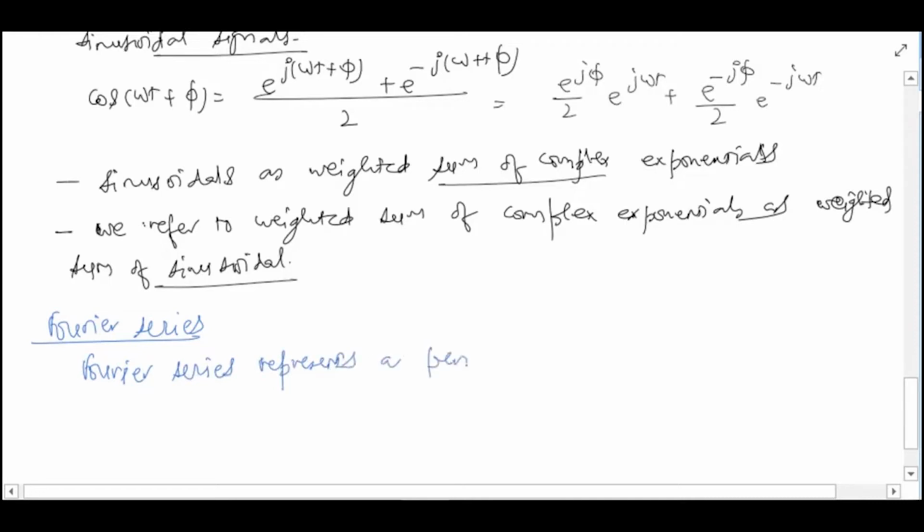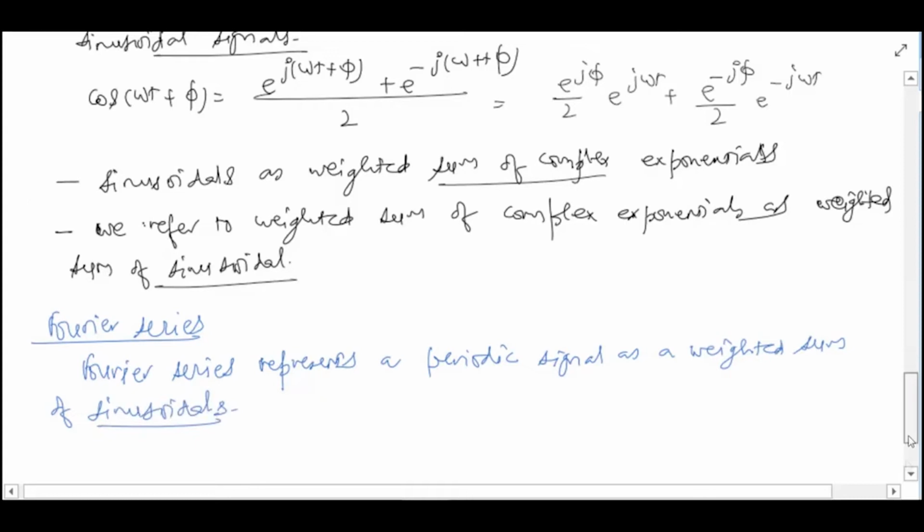A periodic signal as a weighted sum of sinusoidals.